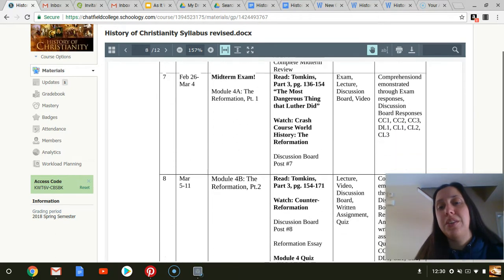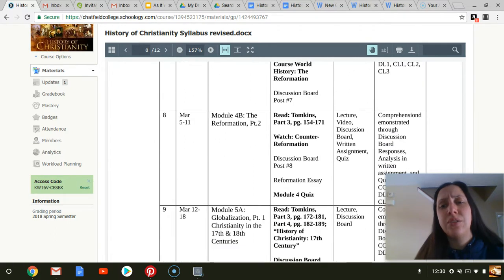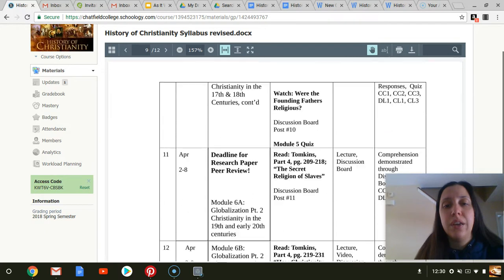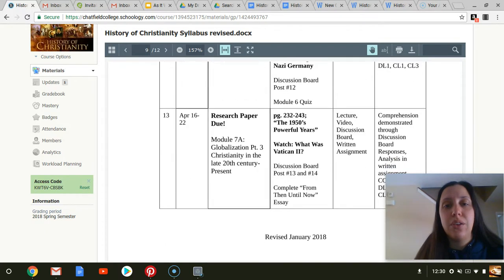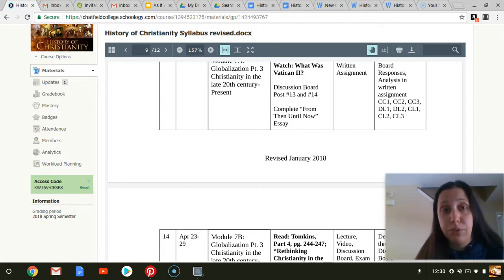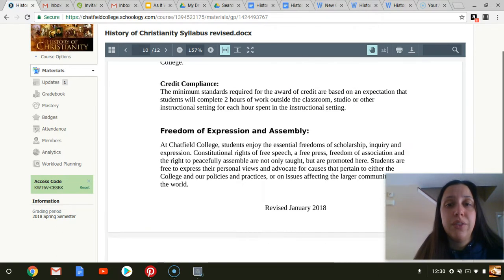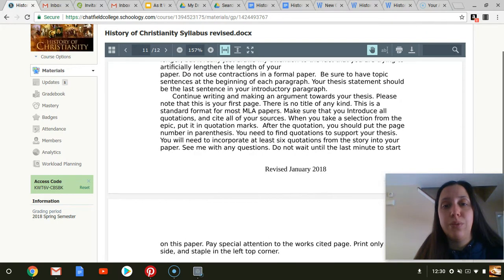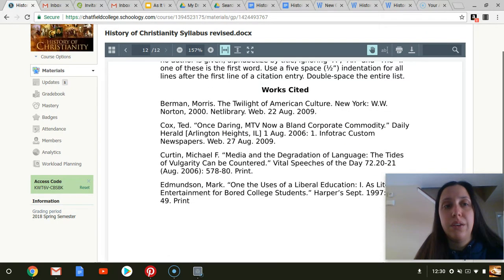So please pay attention to this. It's also in each module, and I will show you that briefly in case you haven't looked at it. So that is our syllabus. The course calendar is also a separate document, so you can open that and not have to scroll through all of this. And then at the very end of your syllabus is a sample MLA format paper. Just very brief.